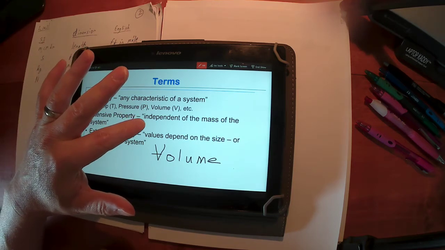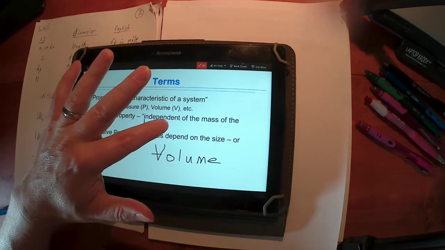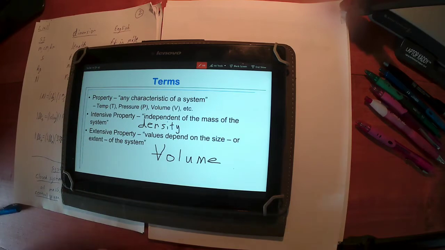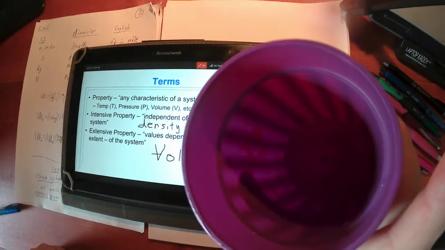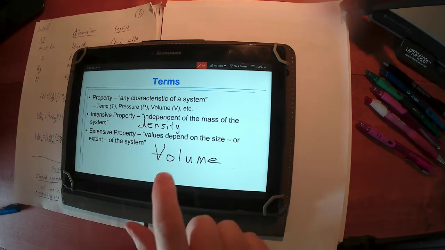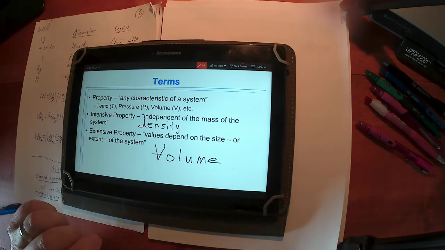But one thing that doesn't change, there are several things that don't change, but here's the thing, the density. The density of the water in this cup, as I drink water out of this cup or remove water and change the mass, does not change. The volume does, the density does not. Volume is an extensive property. It depends on the extent or the amount of the system.